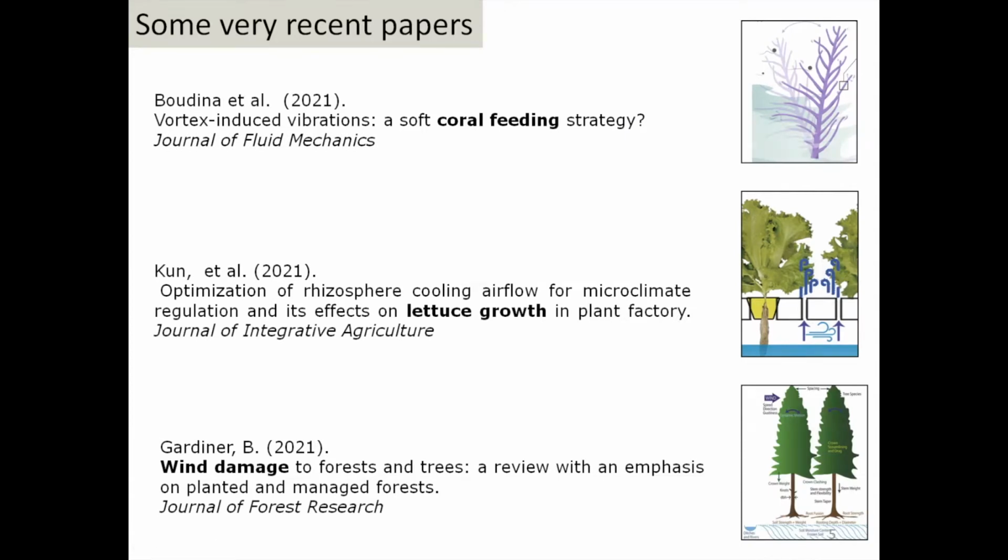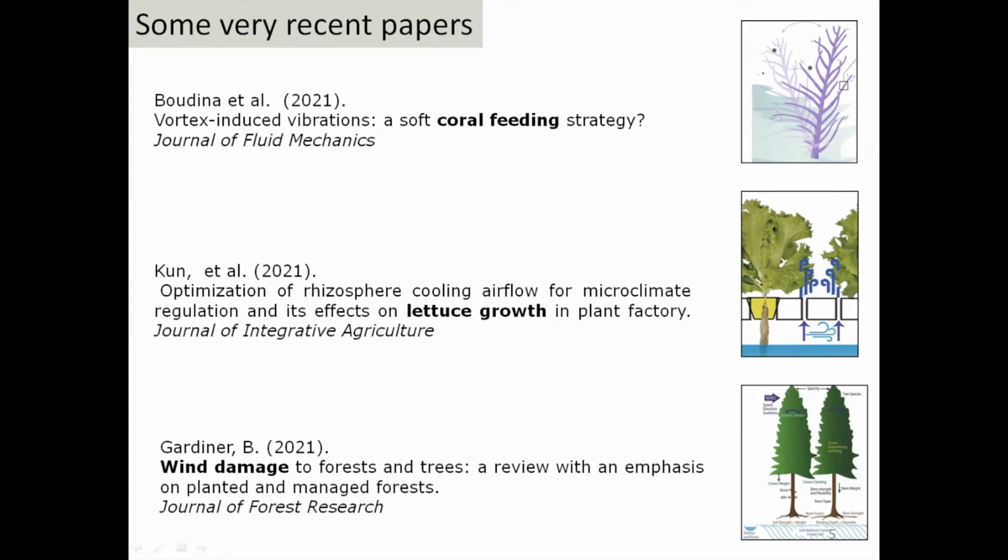Just to illustrate more, this one is not a plant; it's a coral. But corals behave in some respects like plants, flexible corals, where the motion of the corals is related to the way they feed. Probably this is not the kind of journal you would typically read, the Journal of Integrative Agriculture.